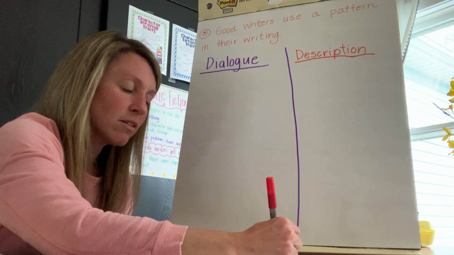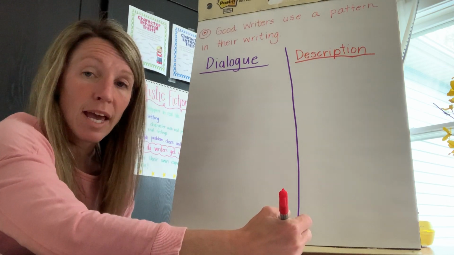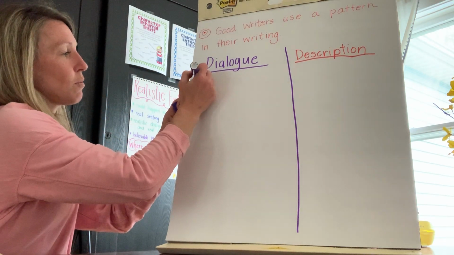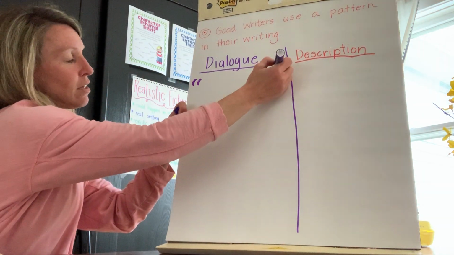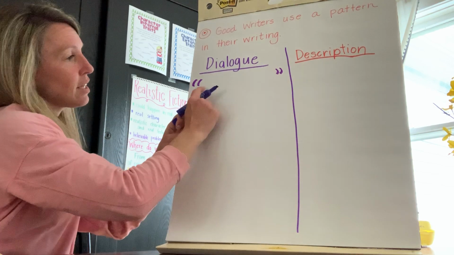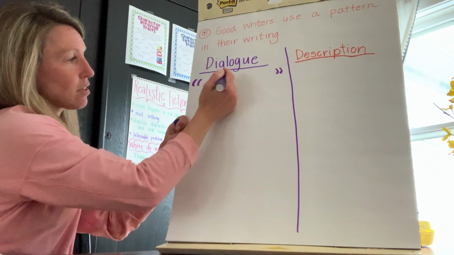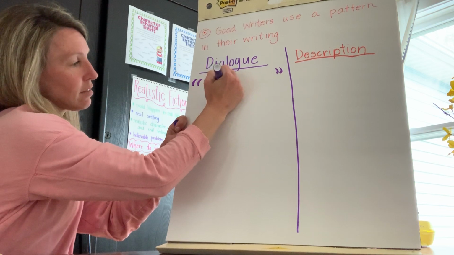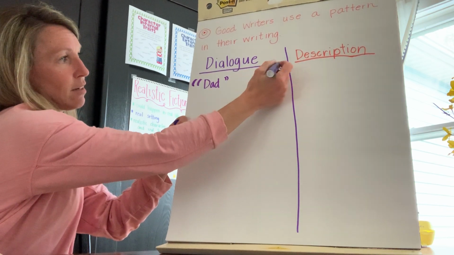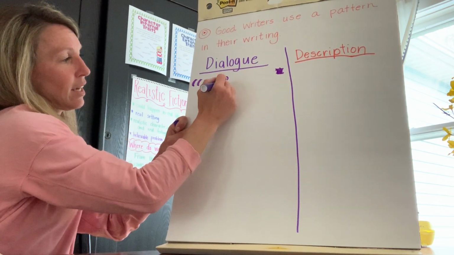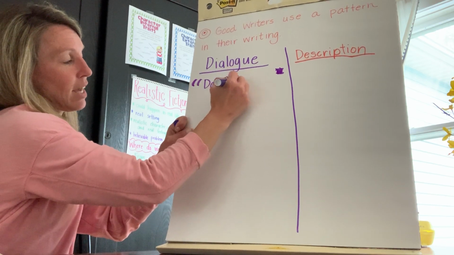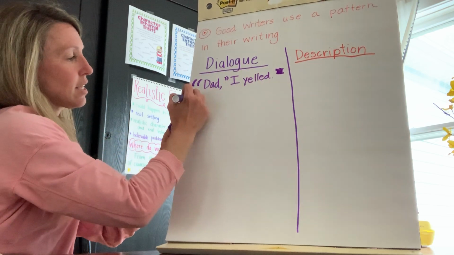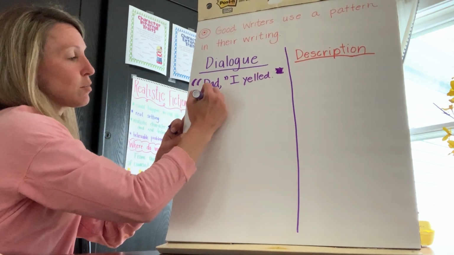And all dialogue is important because it has quotation marks. I'm gonna write that under here. We need to make sure whatever your character is saying or is thinking is in quotation marks. So even if it was, Dad, I need the quotes there, not here. And then comma, and then it's, I yelled, right?